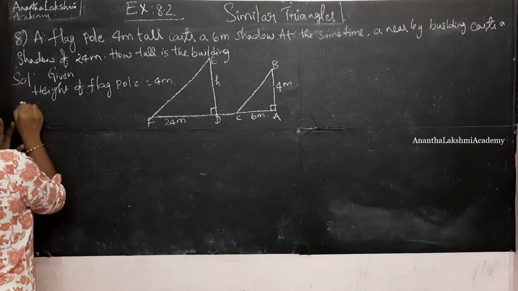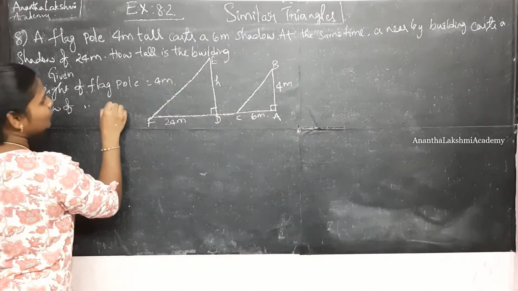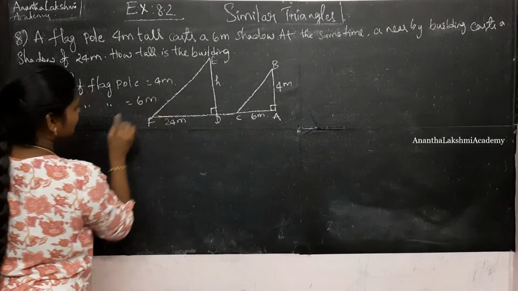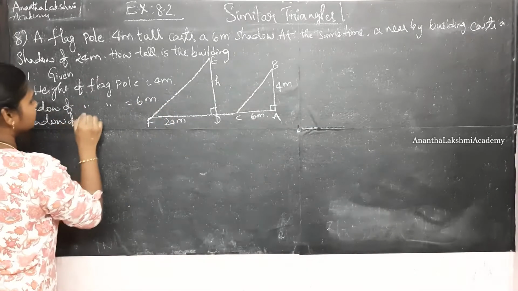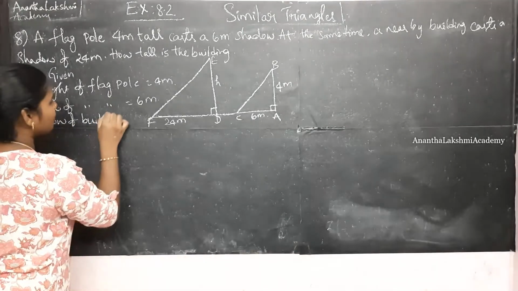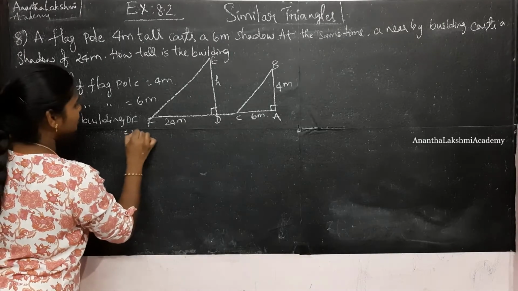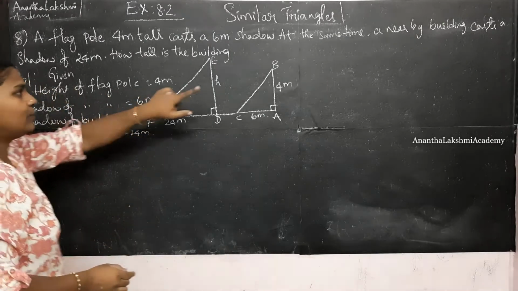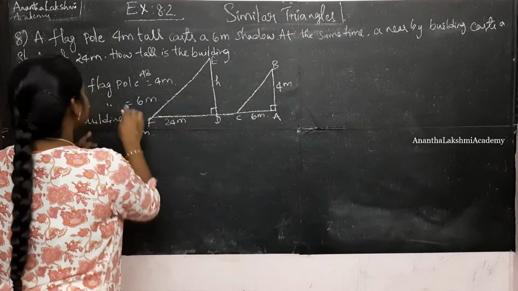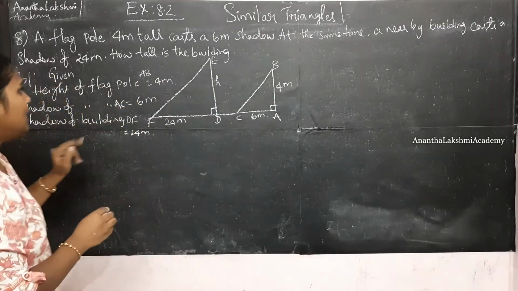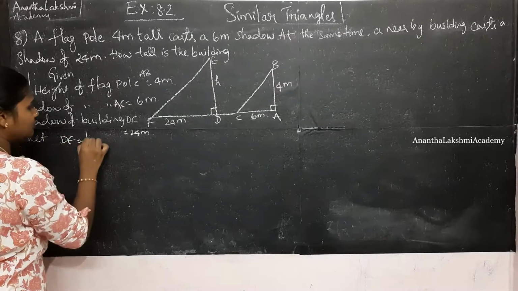Shadow of the flagpole is 6 meters. Next, shadow of building is nothing but DF is equal to 24 meters. Length of flagpole is AB is equal to 4 and AC is equal to 6 meters. Let height of the building be DE equal to H.